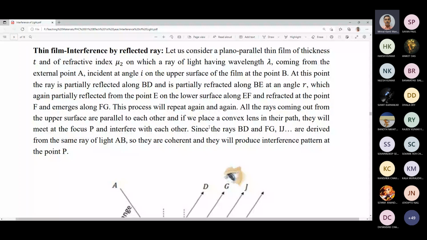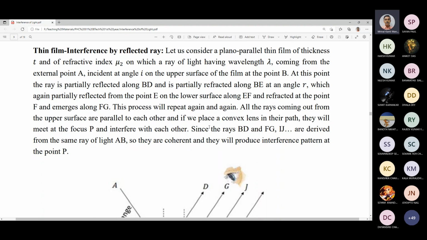Basically, we have already mentioned in the condition of interference that there must be two beams of almost the same intensity to get the maximum visibility. In division of amplitude, the amplitude of the light beam is divided into two parts, and that is responsible for the interference pattern.